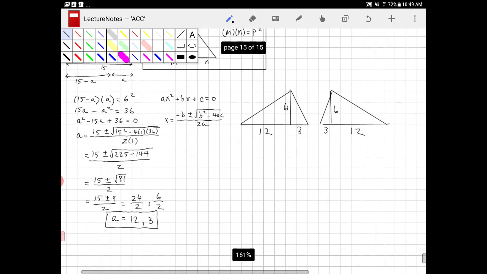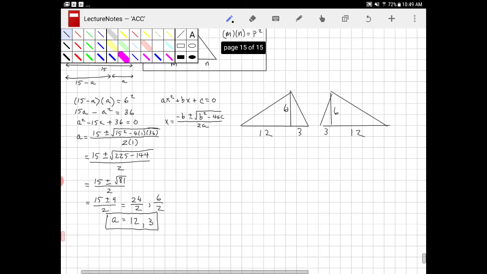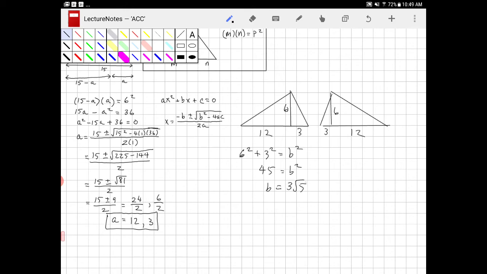For B, if I have it drawn in this way, we're going to need to use the Pythagorean Theorem. I know that 6 squared plus 3 squared is equal to B squared, right? So this is 36 plus 9, which is 45, equal to B squared, or B is equal to 3 square root of 5.